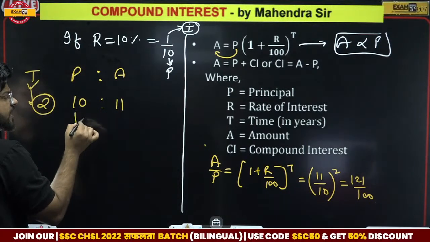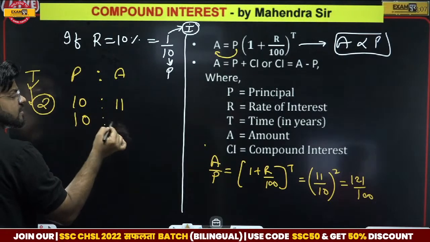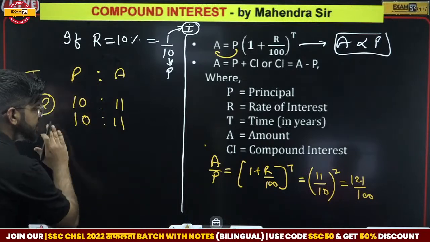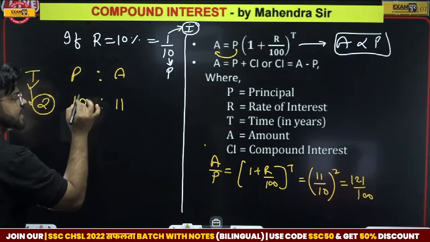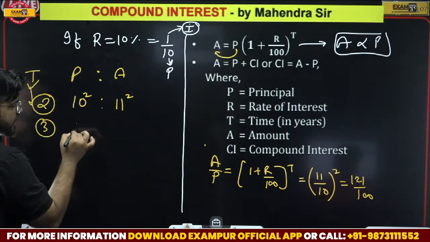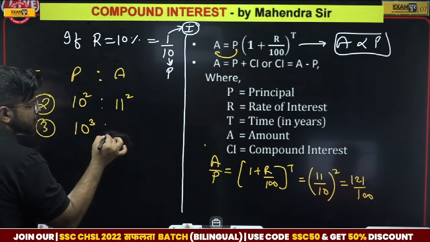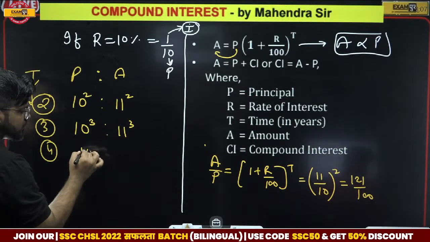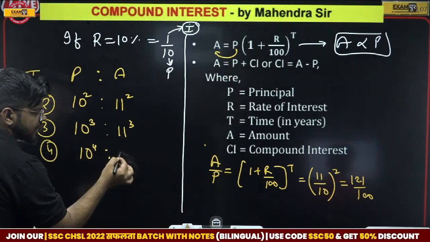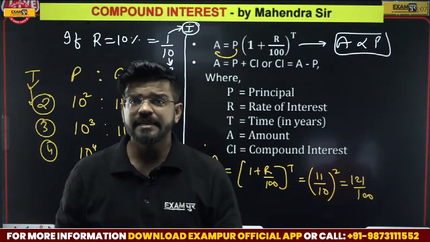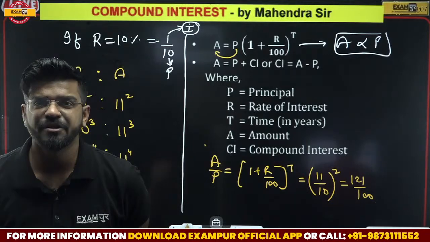Again, it is 10 and 11 for 1 year. For 2 years, you can directly write the square. For 3 years, you can directly write 10 cube, 11 cube. For 4 years, you can directly write 10 to the power 4 and 11 to the power 4. Is it clear? Yes, very good.